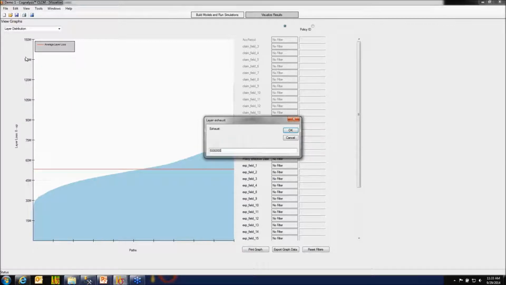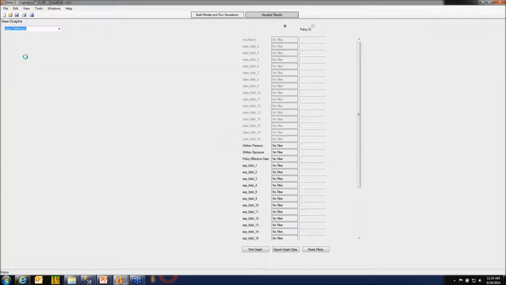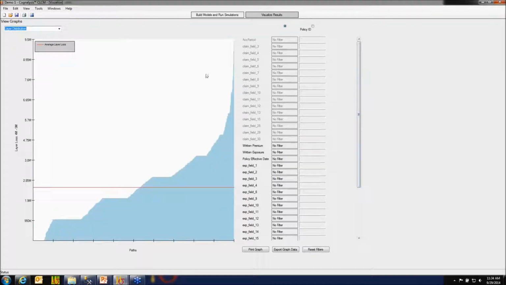Because we've got data that's been simulated at such a detailed level, we can look at that sort of information. So we've got an interesting result here where, again, we're talking about for each claim, the layer from 4 million to 5 million. And so we've got a lot of them potentially where it's just blowing through both layers, and we have $1 million of loss coming through.